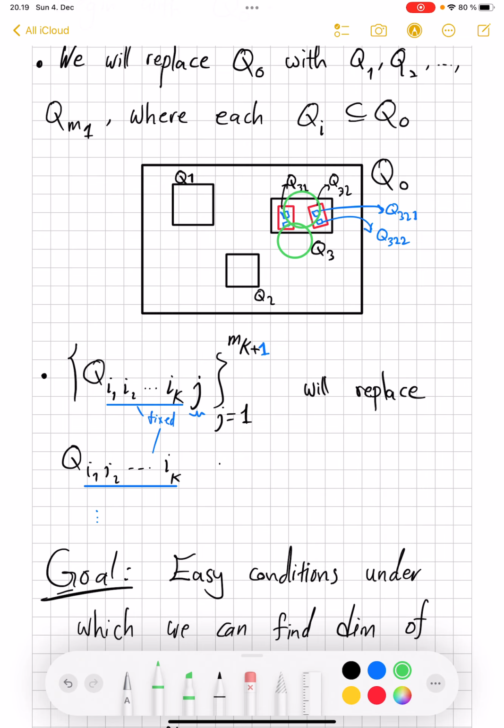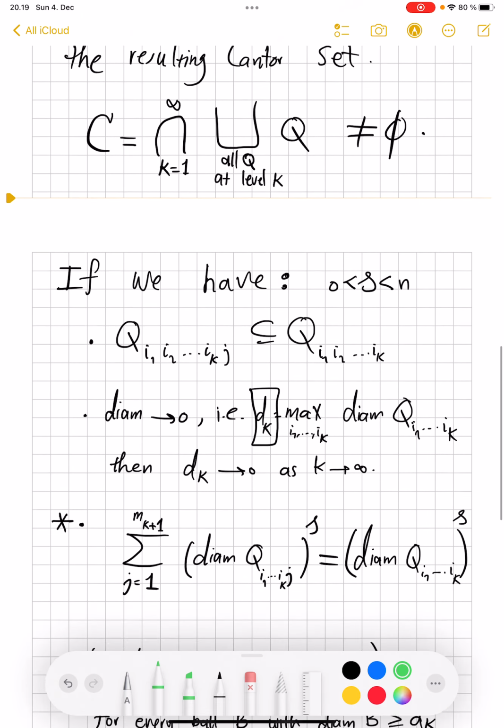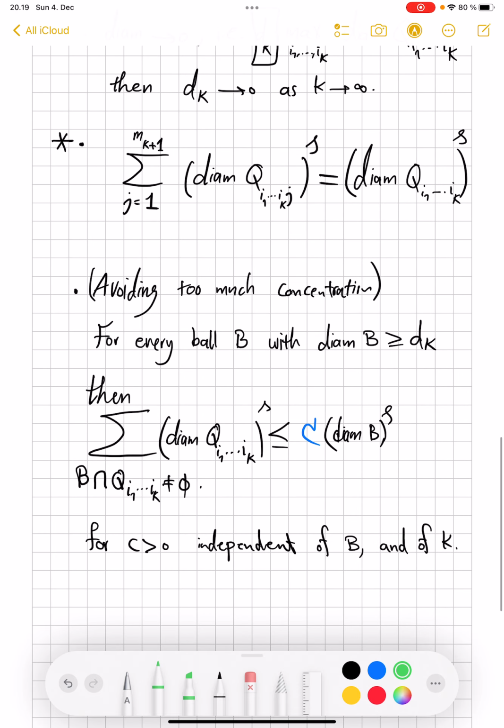So we don't want too many of these level k cubes to come together, and this condition holds at any position, not any scale, sorry, so this is scale k, but at all positions. Wherever you pick your ball, if you randomly drop a ball of that size, it doesn't meet too many of those cubes. Okay.